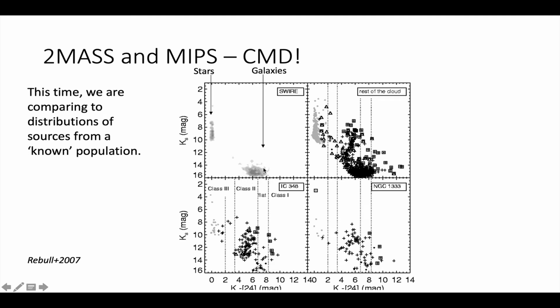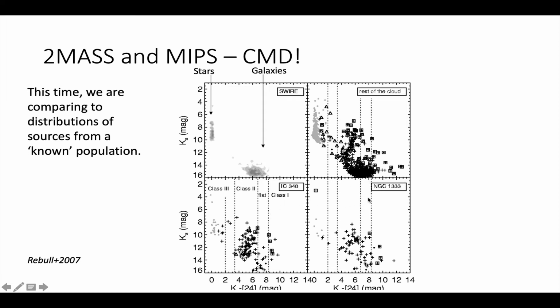So now we know what stars and galaxies should look like in this color magnitude diagram. Now we're going to look at a star-forming region. There are clearly lots of stars without dust, but this distribution of points looks really different. There's an awful lot of bright red things; those are the young stars. There are even a lot of very red things, and those are young stars. That clump down there could be galaxies, could be young stars, we don't know.